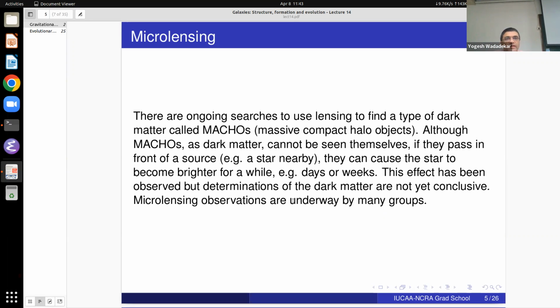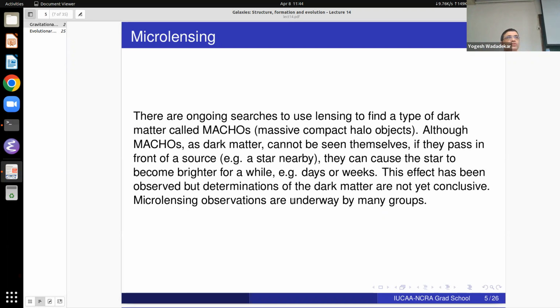One powerful manifestation of lensing is what is called microlensing. It's a strong lensing phenomenon, but the idea was that some people suggested that maybe the dark matter is not composed of atomic or subatomic particles, but of big objects which for some reason are not emitting light.